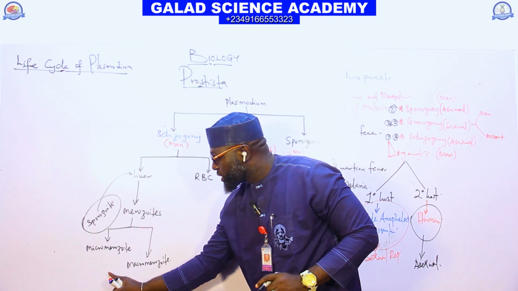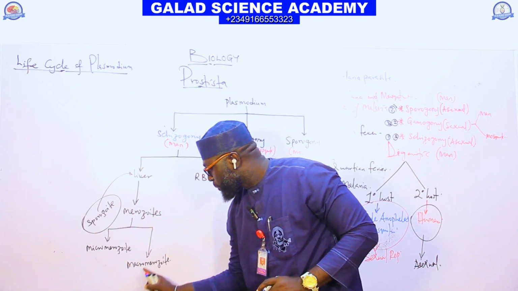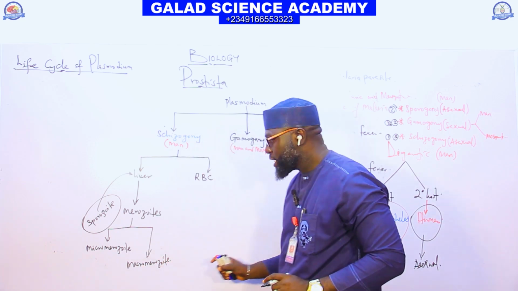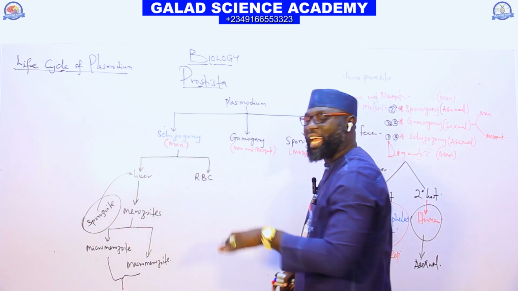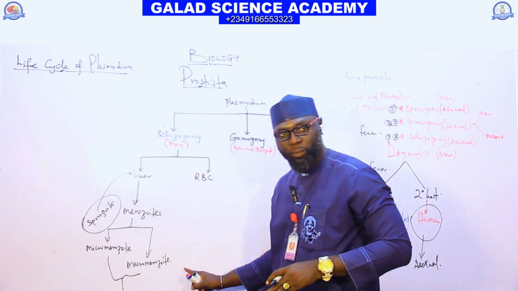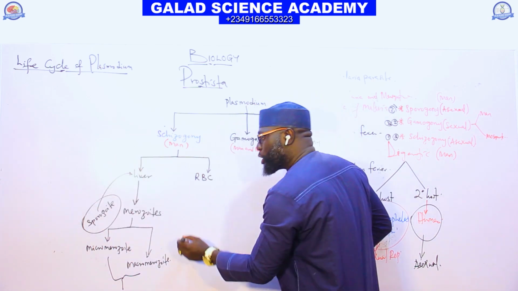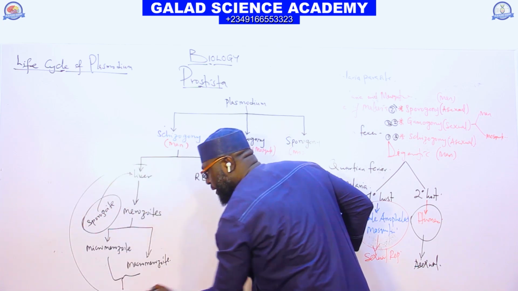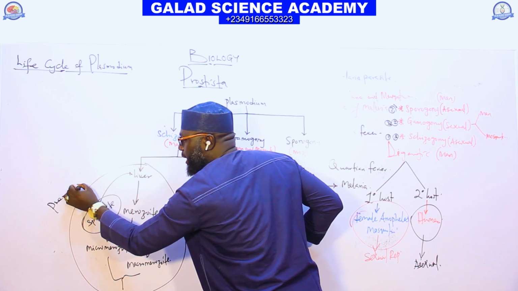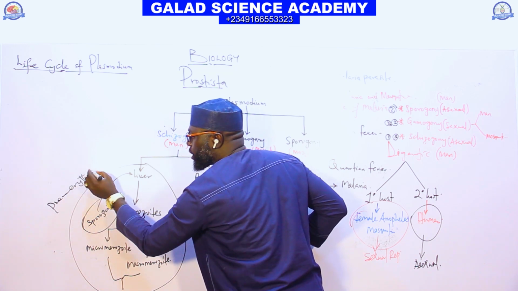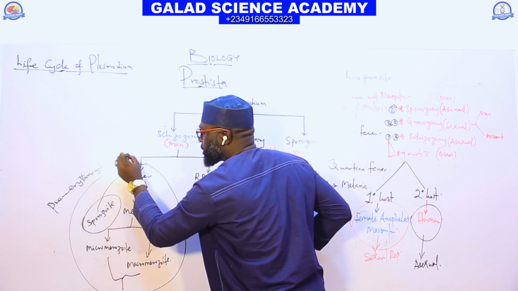We can also call them cryptomicromerozoite and cryptomegamerozoite. So these two are the products of asexual reproduction that takes place in the liver. All these processes that take place in the liver, we call the pre-erythrocytic stage.